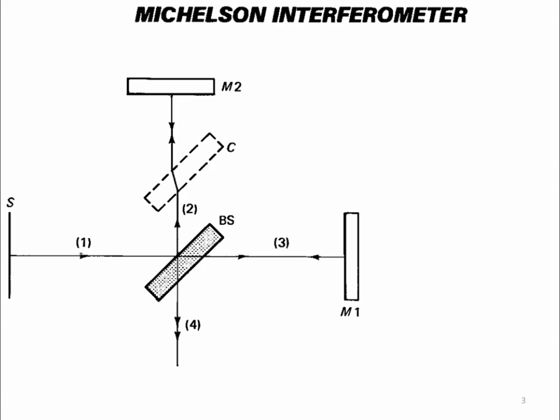Just like we take the example of a looking glass, one face of that looking glass is coated to have reflection, and in a traditional looking glass the reflection is close to 100%. That is why we can see things very clearly in a looking glass. But this beam splitter is not that kind of perfect reflector.